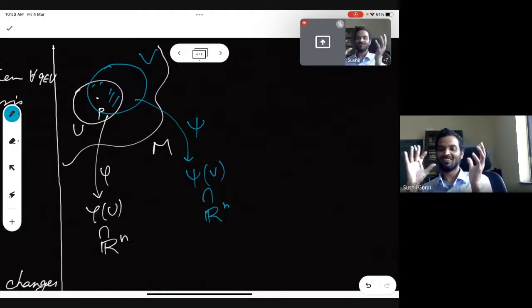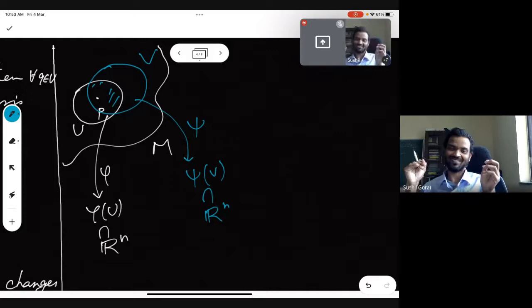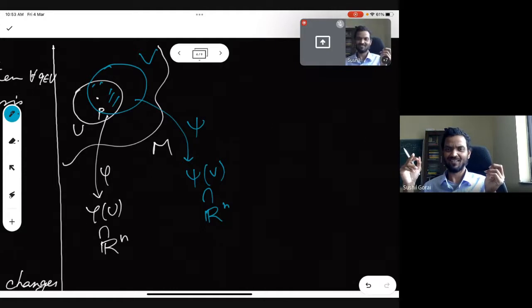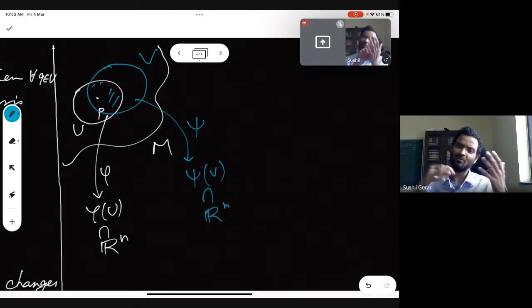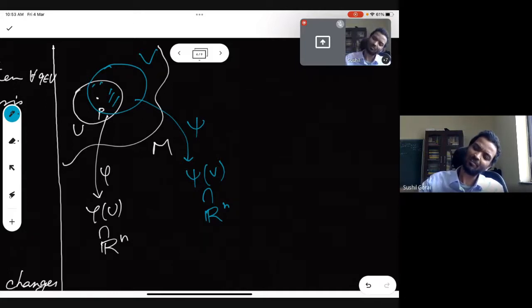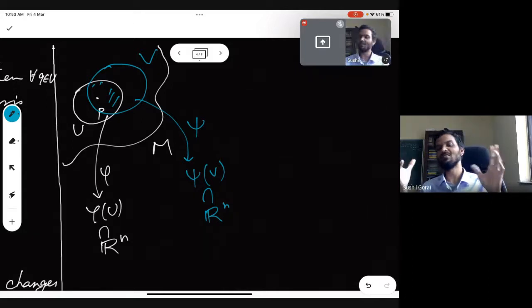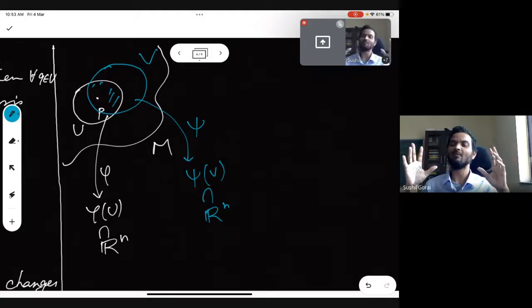Now, how does this basis change? This is a valid question, right? Does the question make sense? If you fix a point, you know how it changes. How can you explain the basis changing in a vector space?